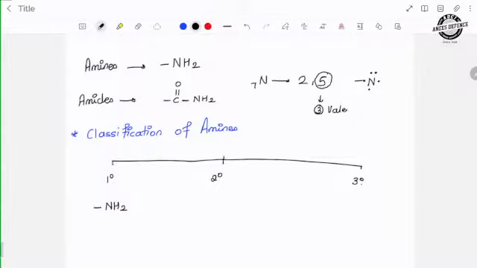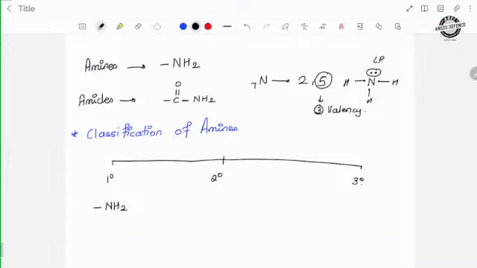What do we mean by valency? Valency is how many bonds an atom can form. So nitrogen can form a total of 3 bonds, and it can be with any atom. Let me write H only, hydrogen. These 3 electrons are involved in forming bonds with hydrogen, so these 3 electrons will be my bond pair, and the 2 electrons present over the nitrogen are known as a lone pair of electrons.